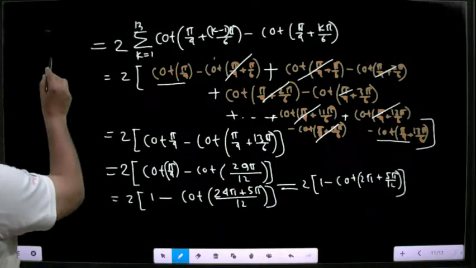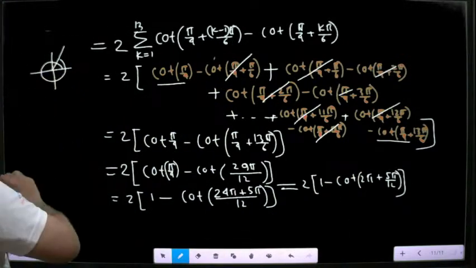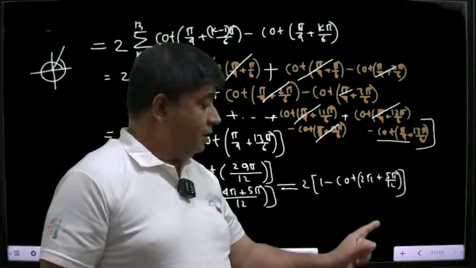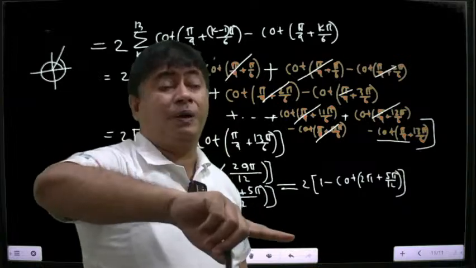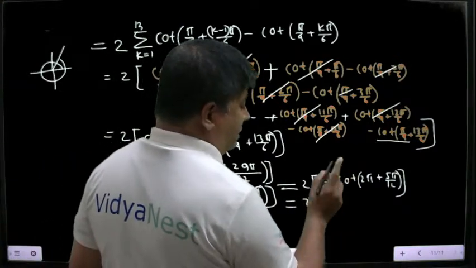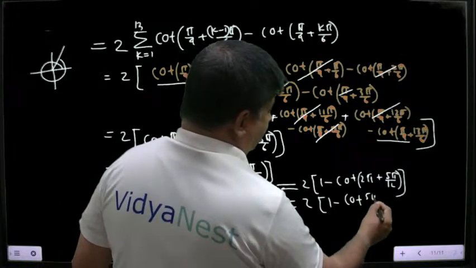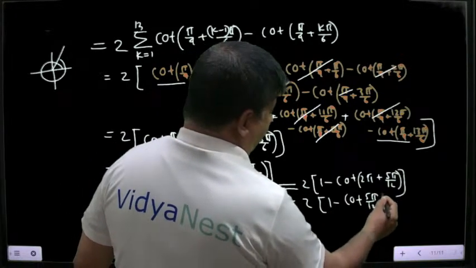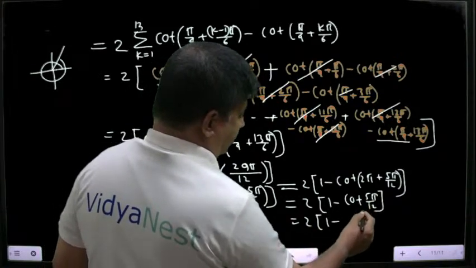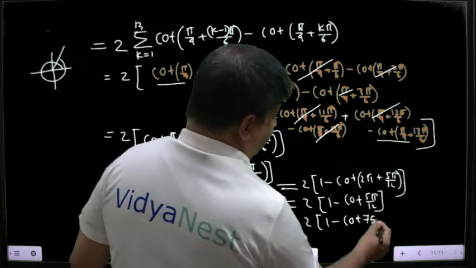Cot 2 pi means 360 degree, plus 5 pi by 12 means lying in the first quadrant. So cot will remain cot, and 2 pi means 4 into pi by 2, that means 4 is even number, it is positive. So cot 5 pi by 12. Cot 5 pi by 12 means cot 75 degree.